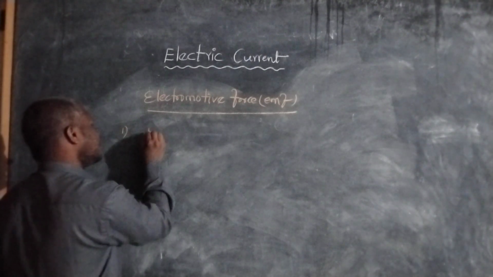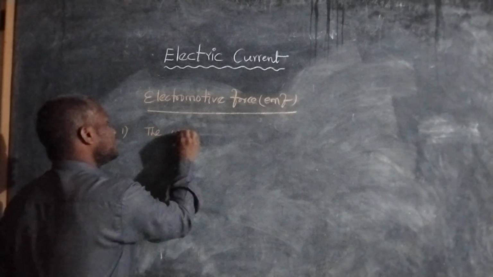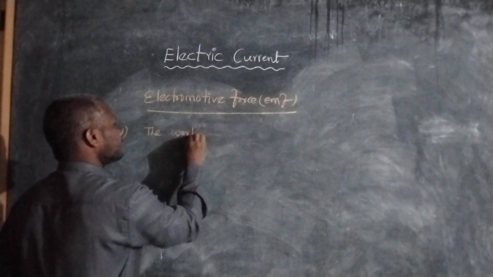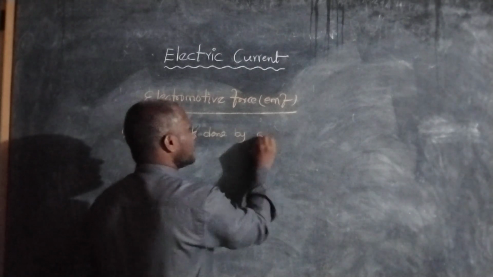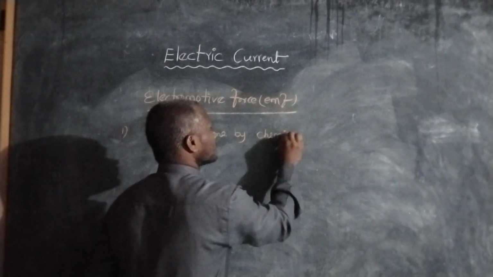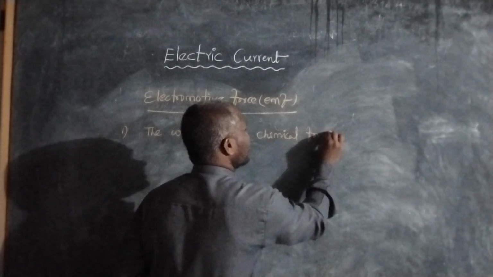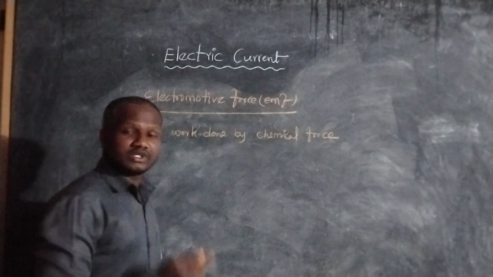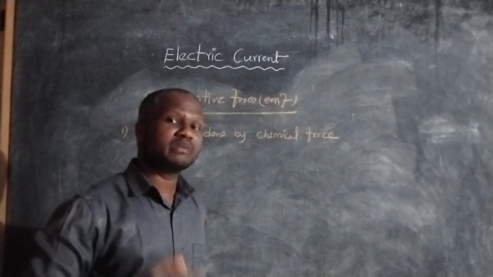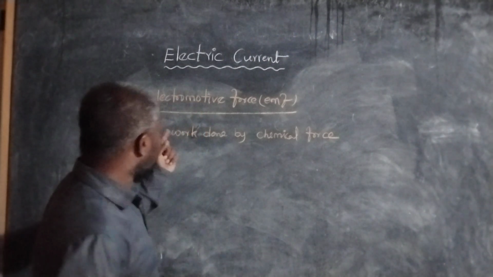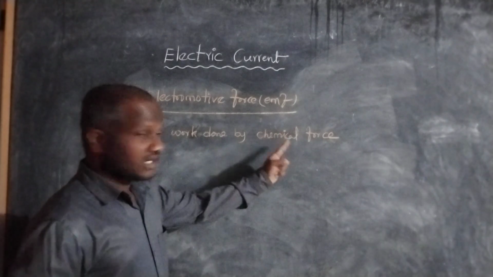Electromotive force is nothing but the work done by chemical force. In the previous situation, when we discussed potential difference, we said work done by electrical force. In electromotive force, the work done by chemical force.